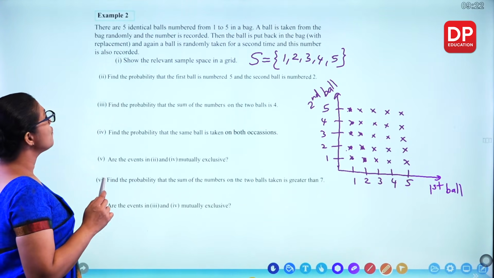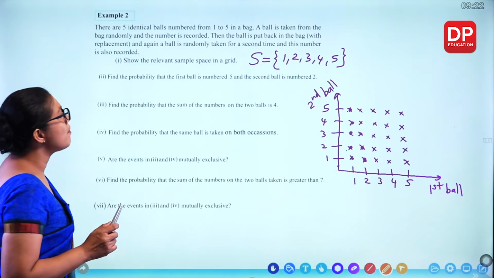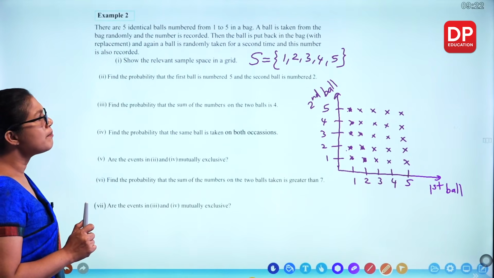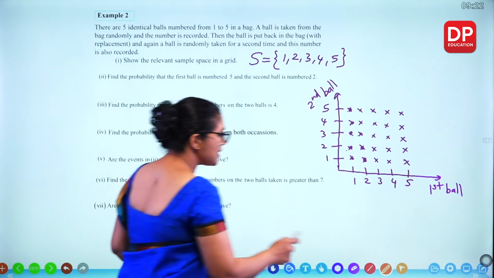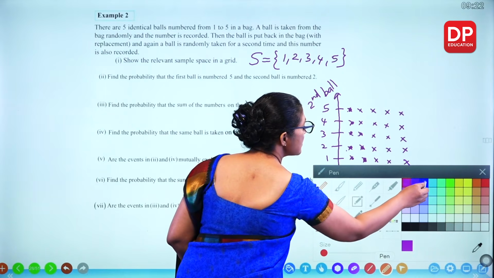Then we are asked to find these probabilities. Find the probability that the first ball is numbered 5 and the second ball is numbered 2. Identify the proper section. I'll take blue color.